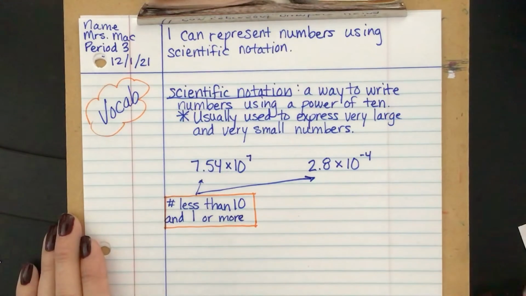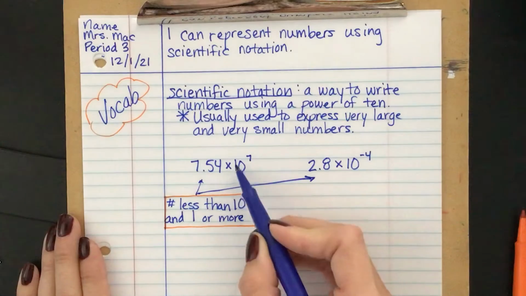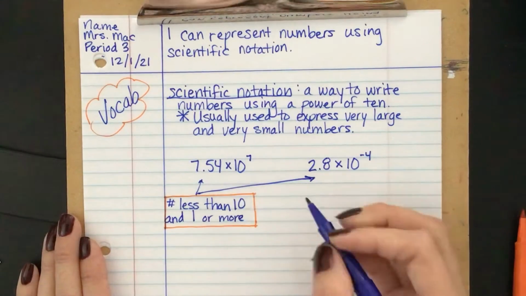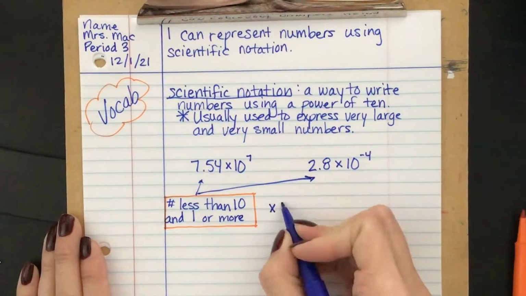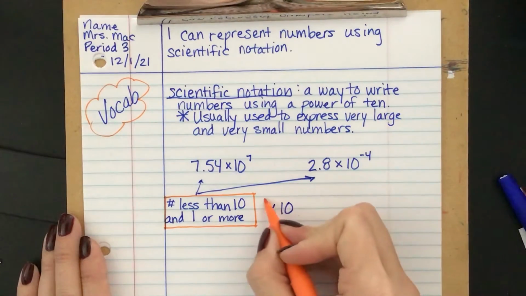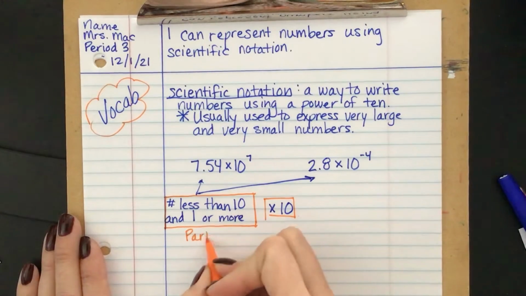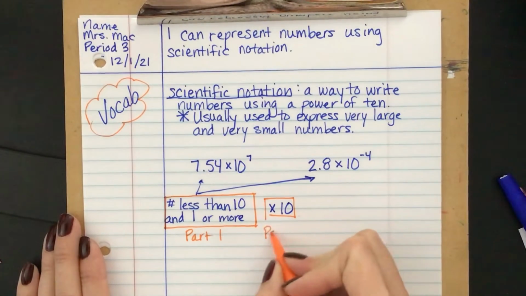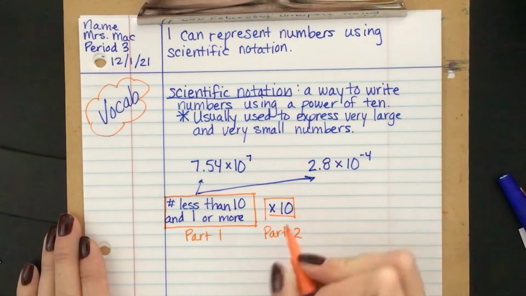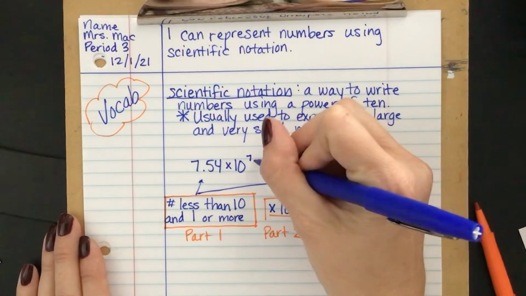The next part that you will always see is you're going to have it say times 10. That's the second part. Okay, so this is part 1, part 2. The last part of the puzzle here is the exponents, okay?